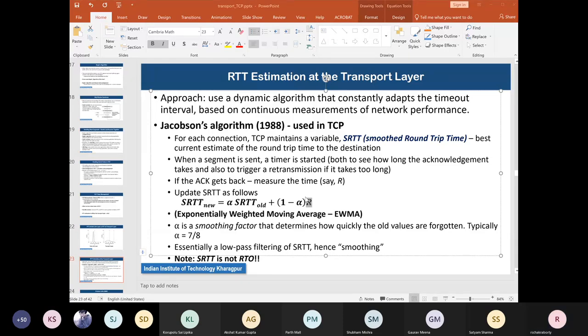Okay. So essentially, if you have taken courses on digital signal processing, this type of equation is low pass filtering of SRTT, and hence this is called smoothing. What happens is, if there are temporal noises which have affected one RTT, but that noise is very temporary, it won't last for long.